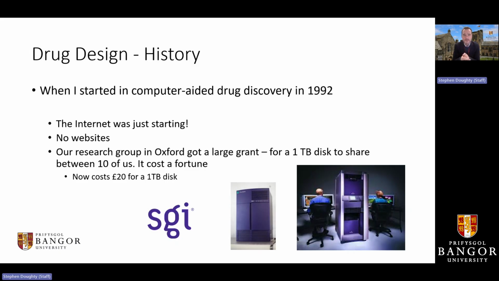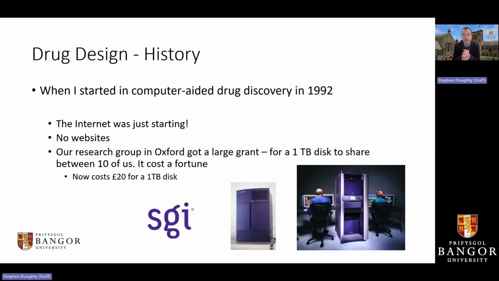I was doing my research in Oxford, and there are some pictures of what we call Silicon Graphics machines there. In the lab I was in, I literally sat there with a computer the size of a fridge sitting next to me. And that was the computing power that we had.